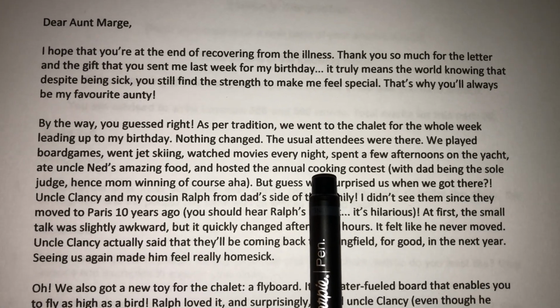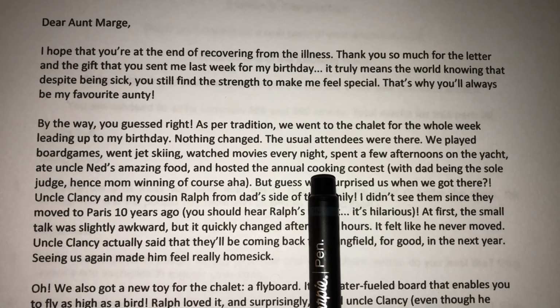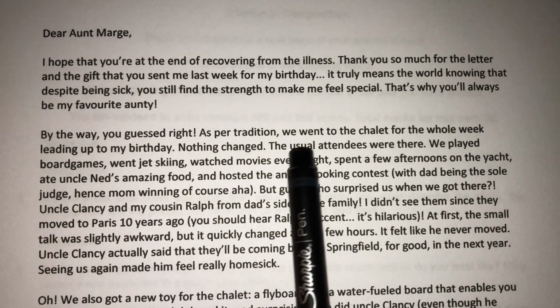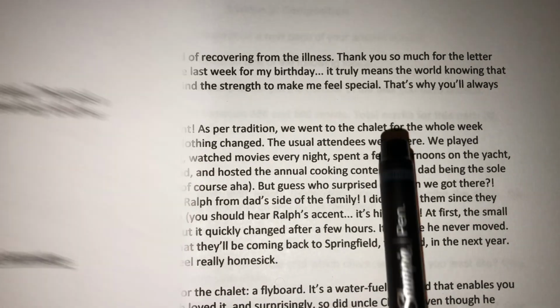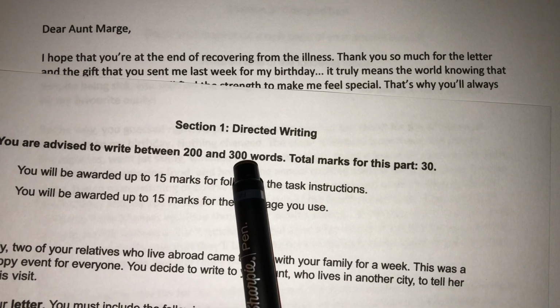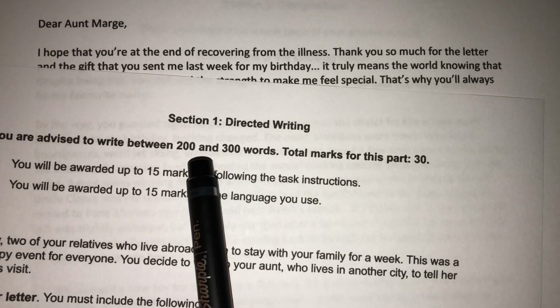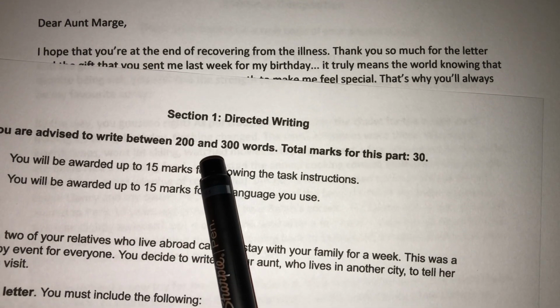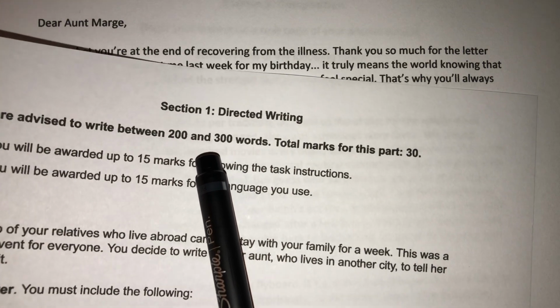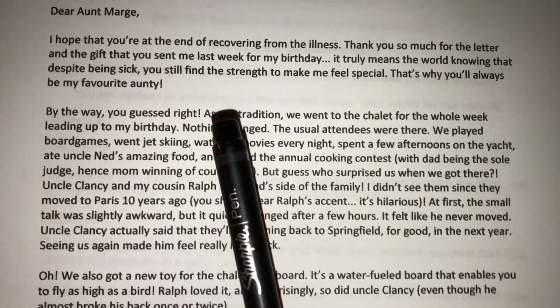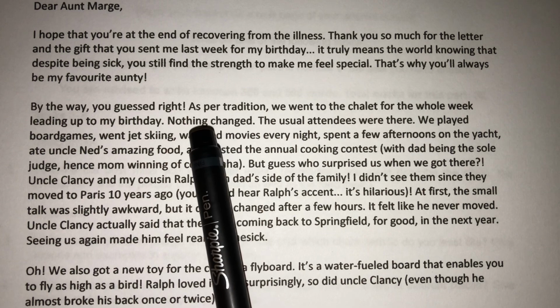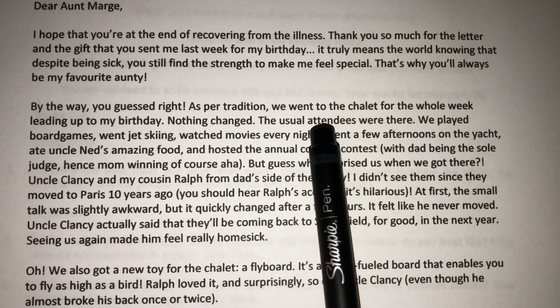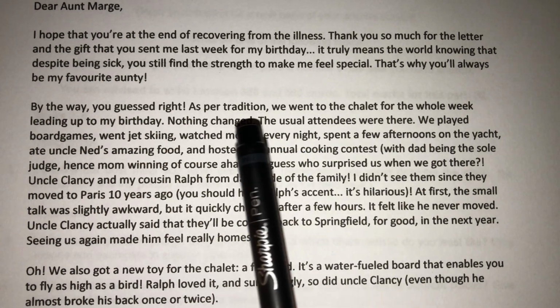So here's where it gets a little bit subjective and ambiguous. I'm talking about a birthday week, and we have the restriction of 200 to 300 words. So how much detail is the marker looking for? That's where things can get a little bit ambiguous, because here I enumerated all the activities, hoping that the details would be enough.